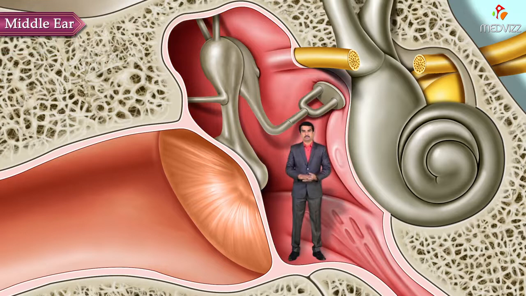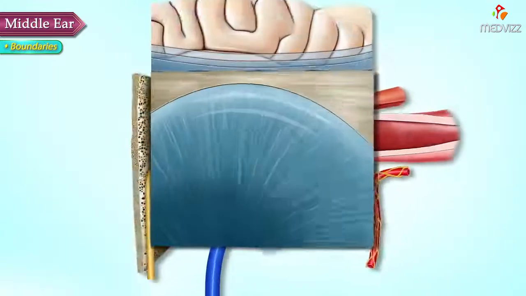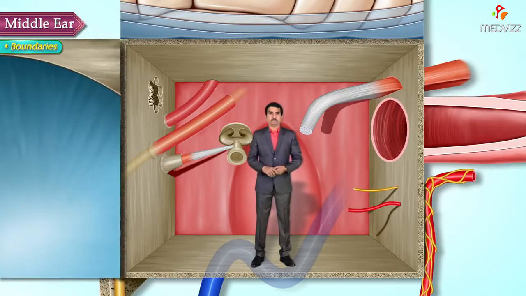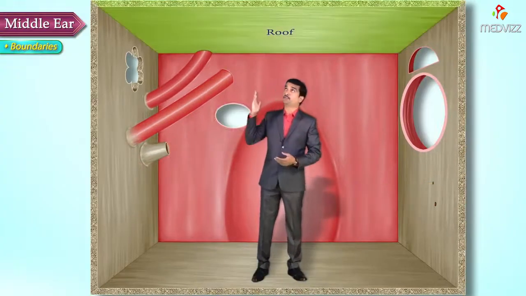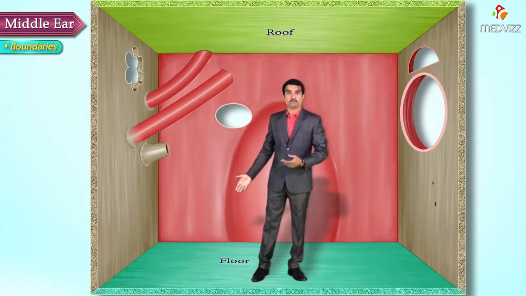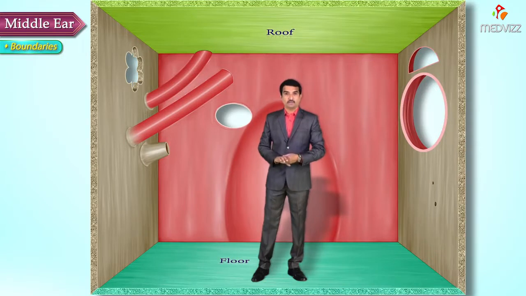Now we shall discuss the boundaries of the middle ear. For better understanding, the middle ear can be visualized as a rectangular box. Here you can see it looks like a rectangular box which has a roof, a floor, and also the medial wall.